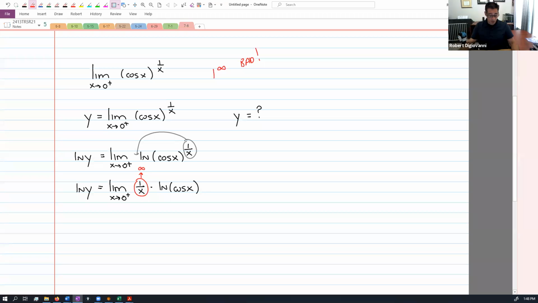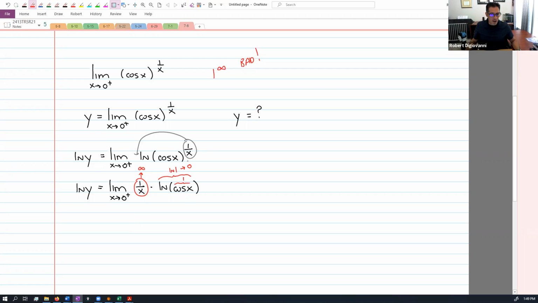Okay. What was cosine of 0? 1. What's natural log of 1? Isn't that 0 as well? That's 0. So this goes to 1, but natural log of 1 heads to 0.